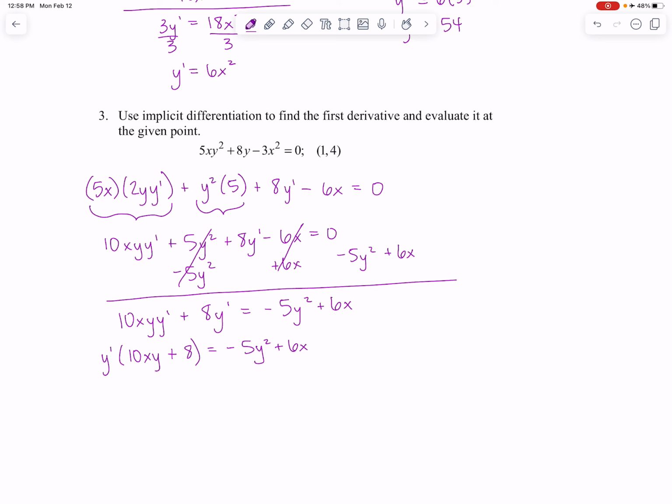And now we can divide that off of the y prime. That way all we're left with is the y prime: negative 5y squared plus 6x over 10xy plus 8.